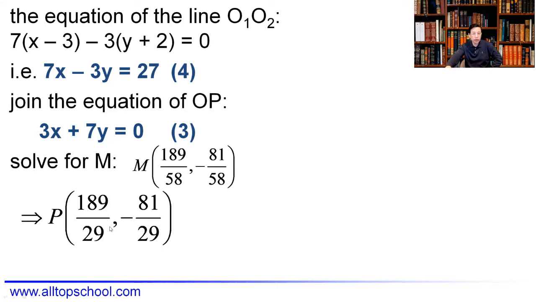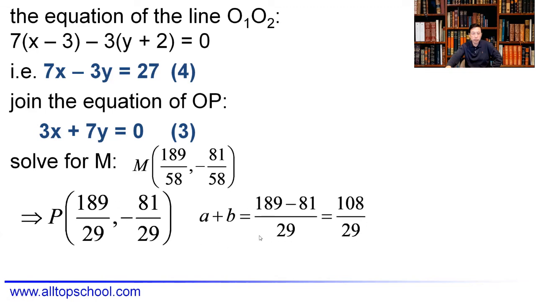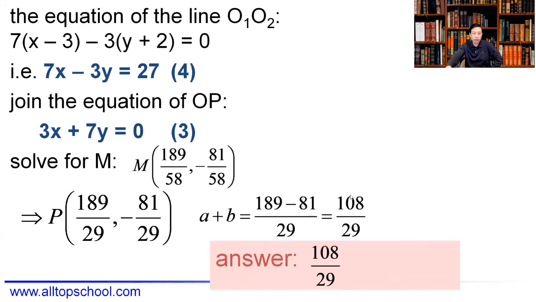You get 189/29 and -81/29. So we get A plus B equal to 108/29. We get the same answer as the first method, the algebraic way to solve it. But this gives the geometric meaning of these four lines. So that's also a very nice solution. So at this point, we're done.